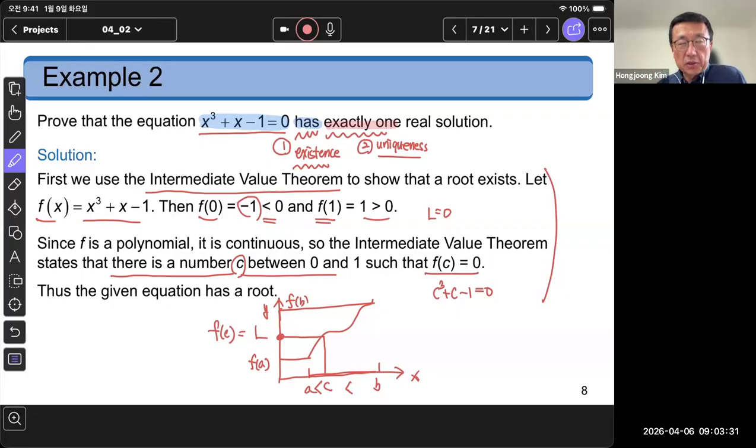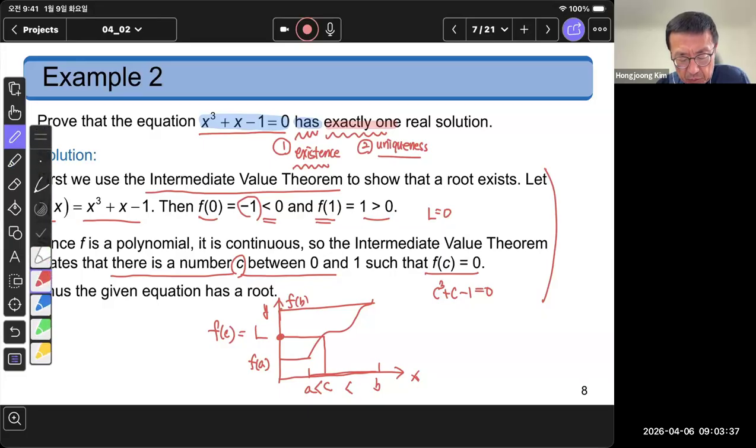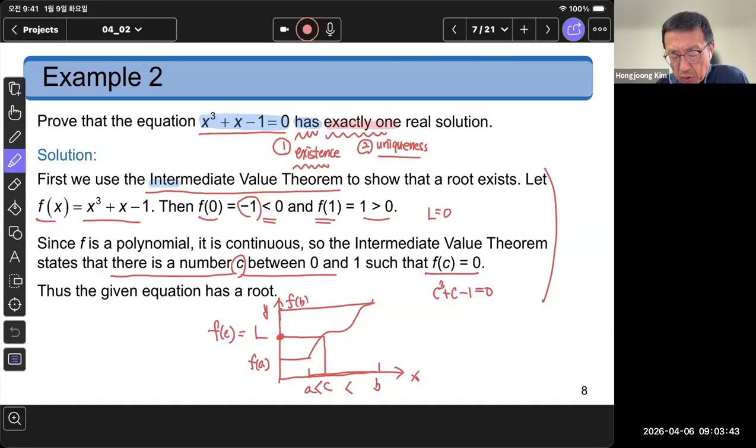Now, for the existence, we use the intermediate value theorem. What does it say? If f of a and f of b are different, then for any value between f of a and f of b, there will be some point in the domain such that the function value equals that given number.